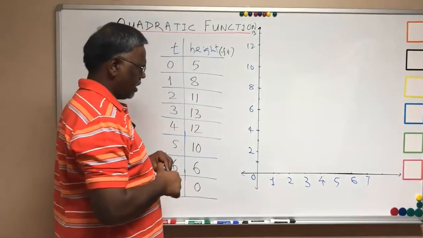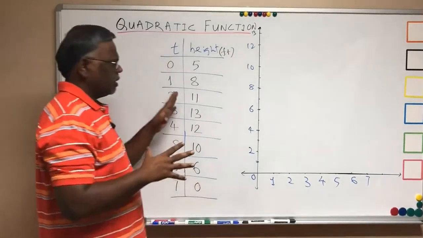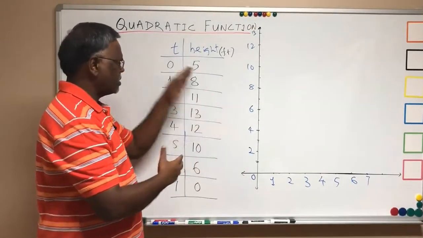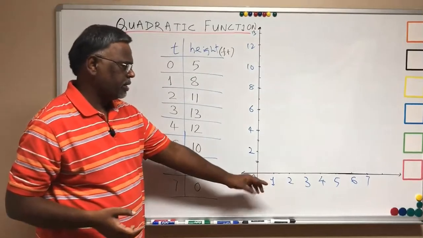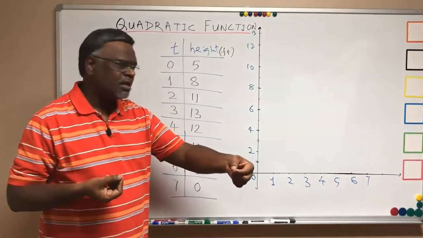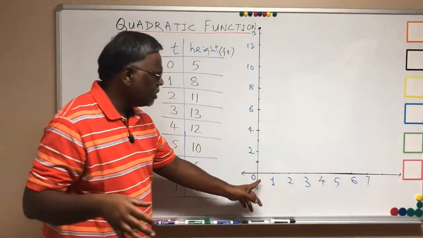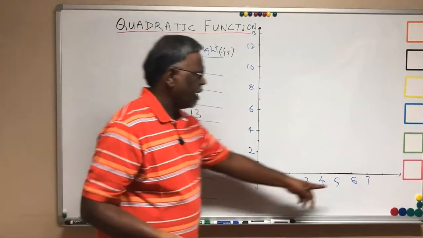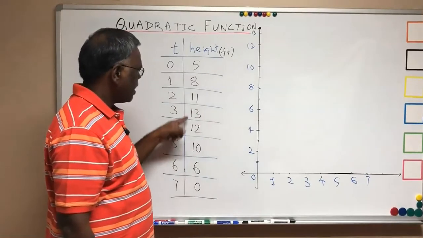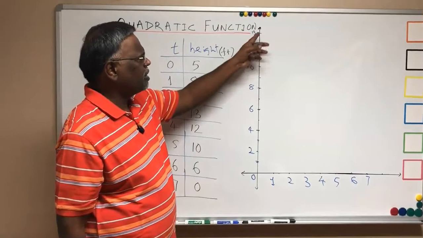So this is what you have. Now I have my x-axis and y-axis, calibrated according to this information. According to the space available on your graph sheet, you can calibrate. You just need 7 units, or you can add 1 or 2 extra, and then for height, max 13 I need. I went up to 13.